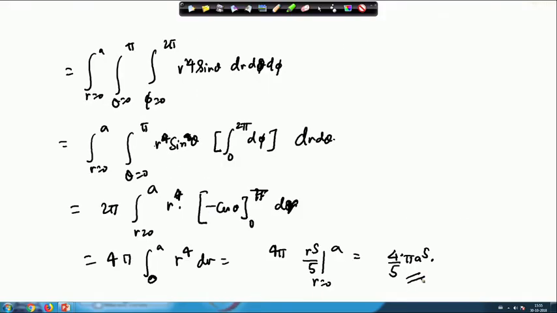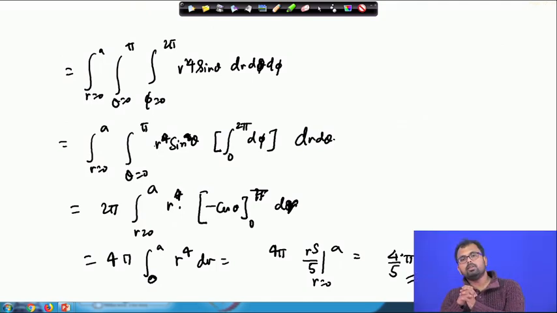This is the integrand bounded by the sphere x square plus y square plus z square less than or equal to a square.